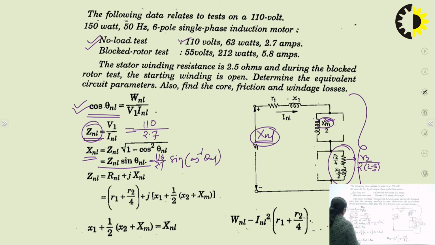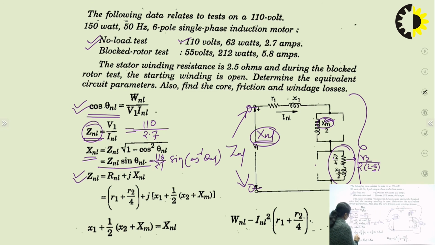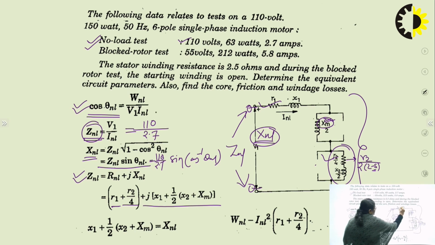We know that ZNL is the total impedance seen from the terminals of the equivalent circuit drawn for no load condition. From the equivalent circuit itself, I can see that ZNL can be written as R1 plus R2 by 4 plus j times X1, XM by 2, X2 by 2.